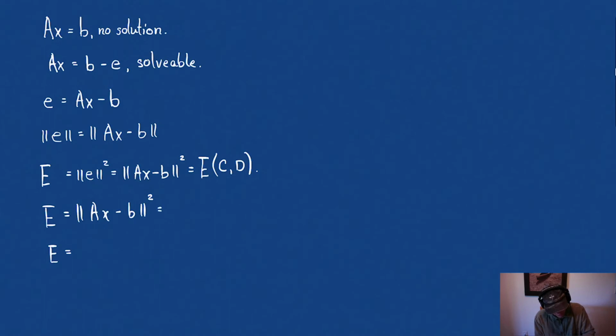This is really, the length squared is ax1 minus b1 squared plus, and you'd continue this out to ax, oh, well, depending on how many x's you had, usually in this case it's just 2. How many errors do we have? Oh, we're going to have 3. So you go out to m, I'm sorry. Plus ax m minus b sub m squared.